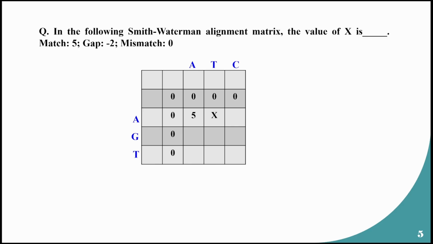We get the highest score from the matrix. Yes, the highest score is considered the best alignment score in the case of Smith-Waterman, right? So can anybody tell me the value of X in this case for Smith-Waterman? Remember that there is no negative value here. There should only be positive values or 0.